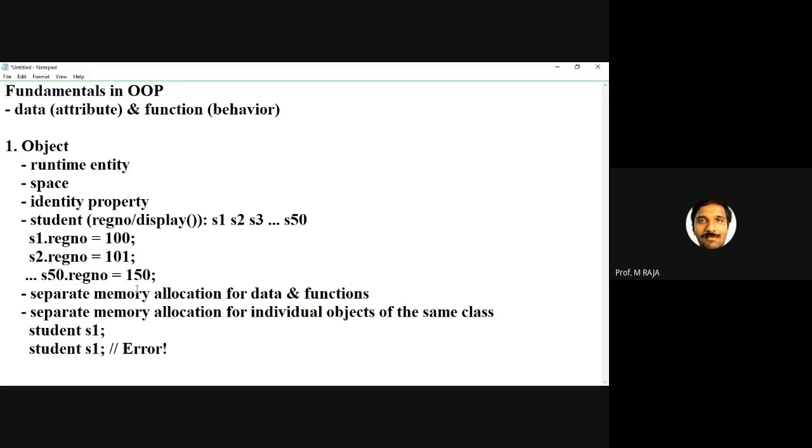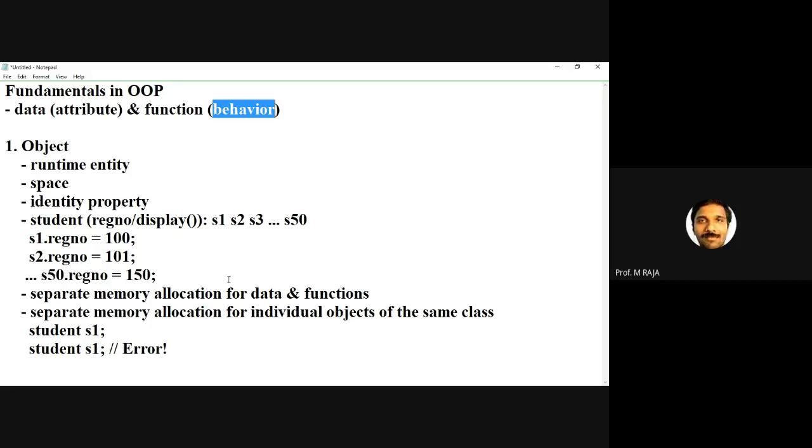Objects are responsible for accessing the attributes and functions. As we discussed in the last class, in the student class we like to define one behavior: print the name of the student. Printing the name of the student is one activity, a behavior function.